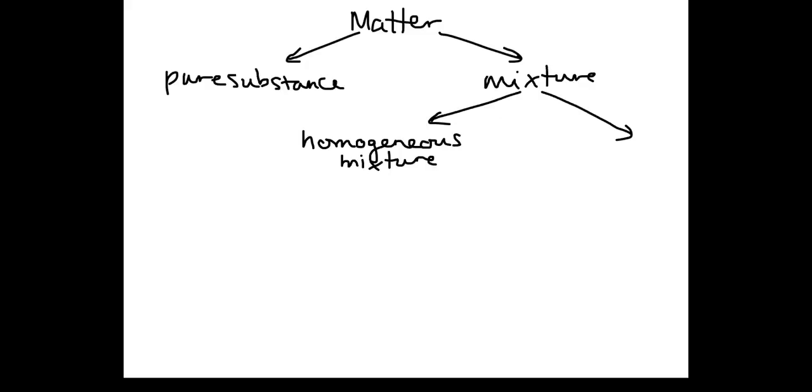For example, if you have salt water and it's well mixed, that is a homogeneous mixture. However, if you oversaturate salt water and there's stuff on the bottom, if you pour that through a piece of cloth, you'll leave that solid behind.